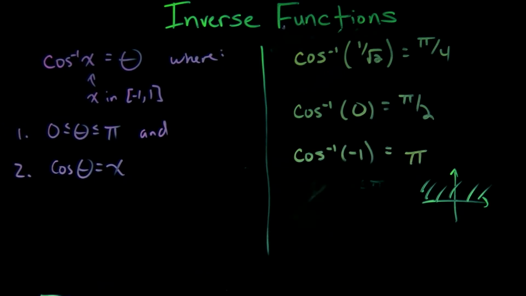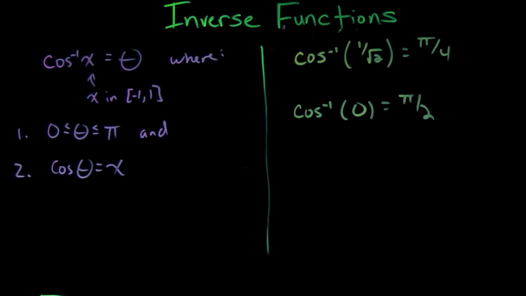Now, one thing that I did not do with the inverse sine, but which applies to the inverse sine as well, is that if we try to find something like the inverse cosine of 2, this doesn't exist.